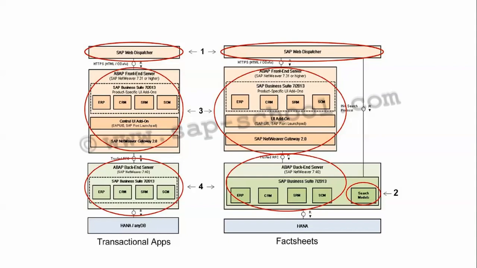So we can see here as step 2, which is only for the fact sheets. It is not applicable for my transactional apps. Then the third one is configuring my front end server, which is again applicable for both of my transactional apps and the fact sheets. Then we have the configuration of the backend server, which is also applicable for both the app types.